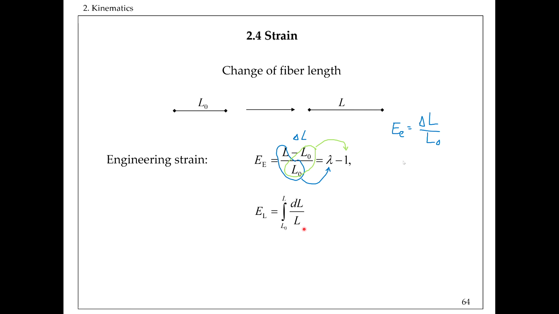So the result of that integration, obviously, since that is 1 over L, the integral will produce the natural logarithm ln L. And now if we substitute the boundaries of integration, the result will be ln of L divided by L0.